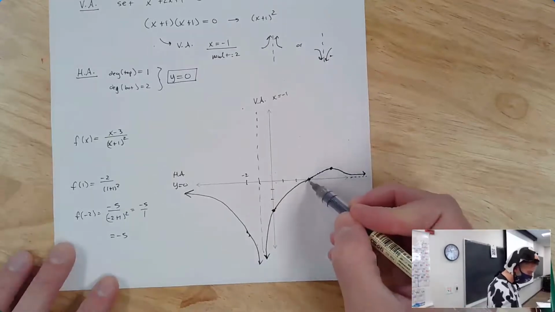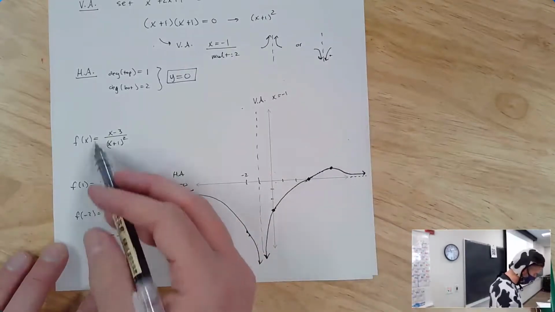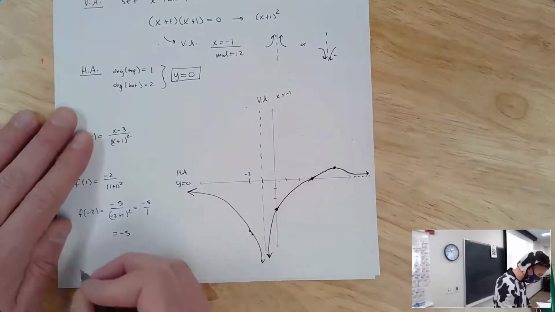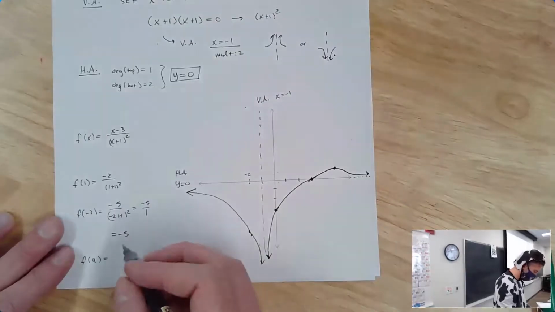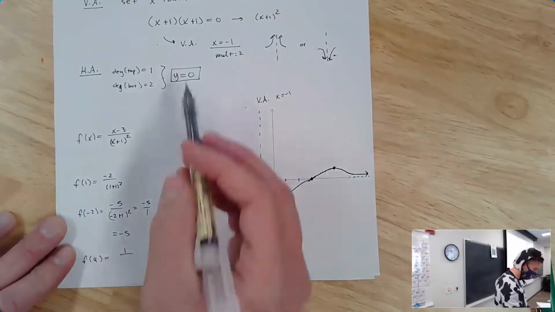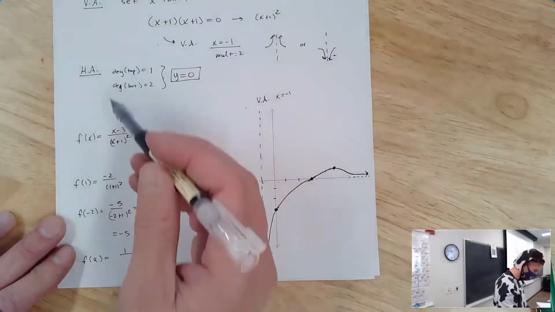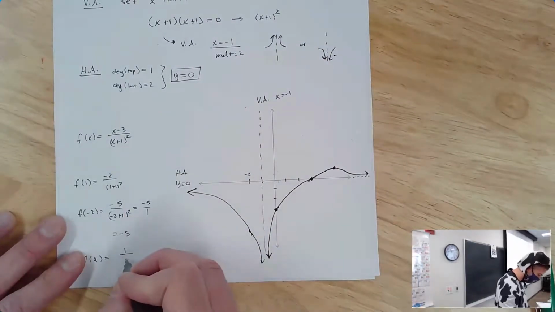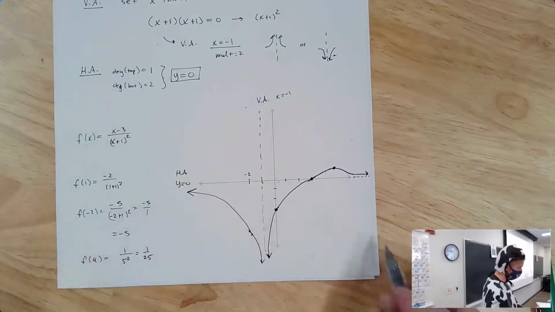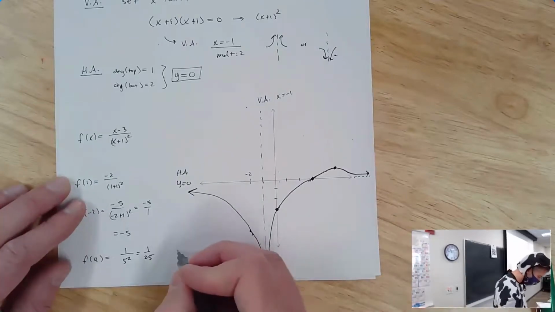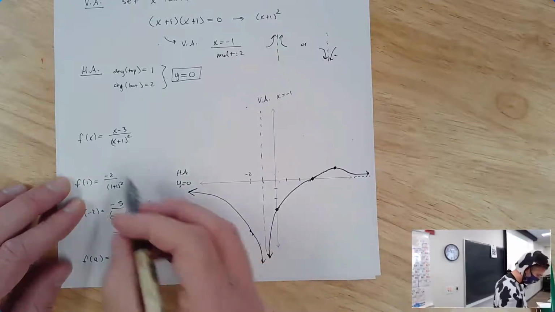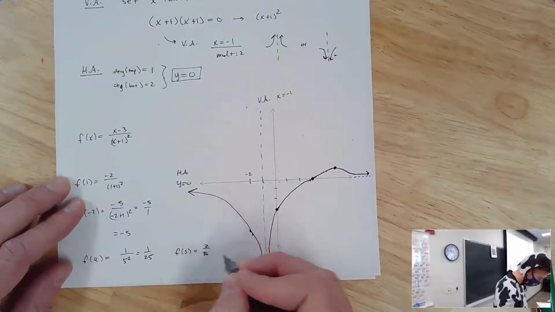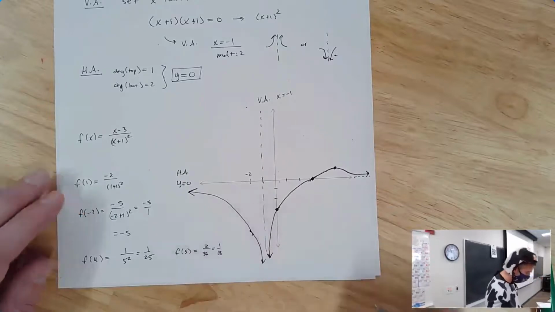So if I hit this point here at 3, if I plug in 4, f of 4 is going to be 4 minus 3, which is 1, over 4 plus 1 squared. It's very small, right? My graph is very not to scale. If you plug in 5, f of 5 is going to be 2 over 5 plus 1 squared, which is 36, so 1 over 18, which is a little bit bigger.